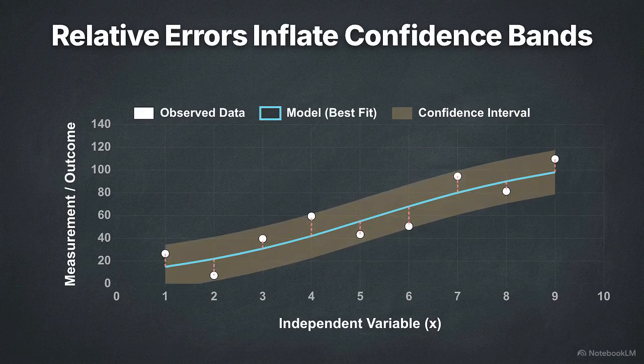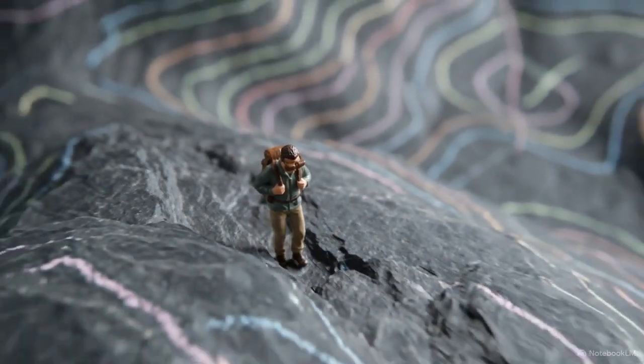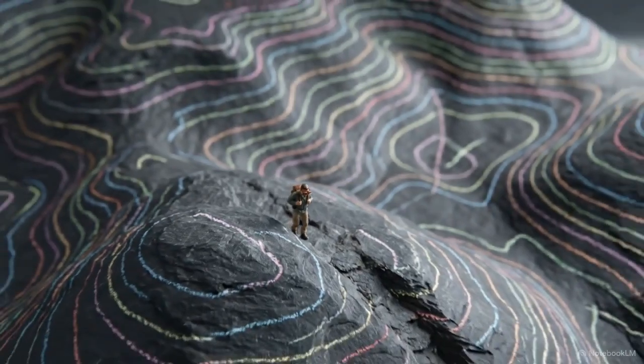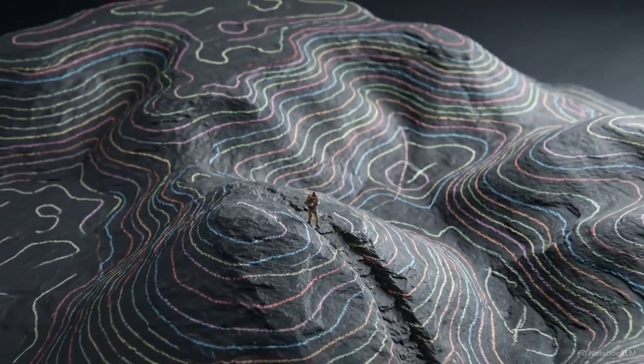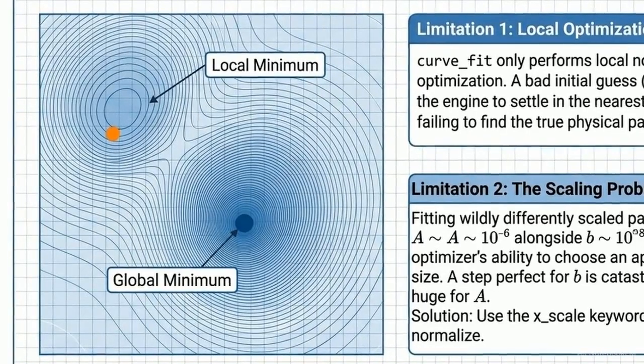Because the entire engine calculates steps by moving strictly downhill along local linear tangents, it remains structurally blind to the broader mathematical landscape. This topographic visualization highlights the first major consequence, local optimization. If you provide a poor initial guess, the p0 argument, the algorithm will simply roll down into the nearest local valley, completely missing the true global minimum.